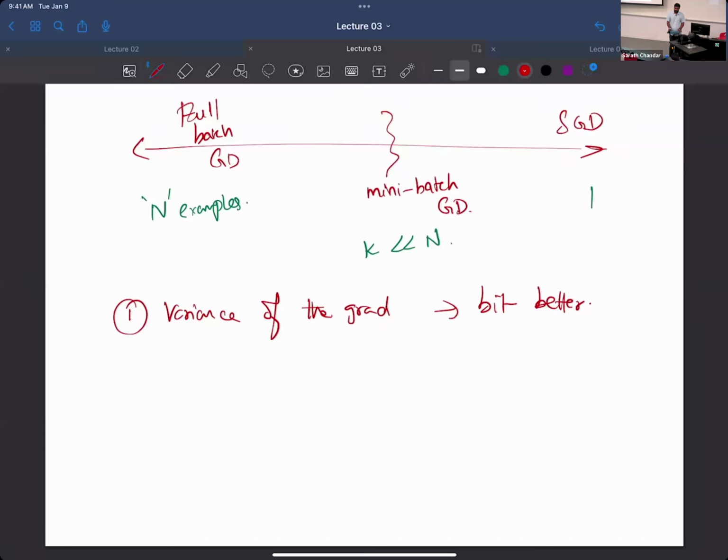Okay. So batching is just a way to aggregate things and take less noisy steps. Is that clear? Variance reduction is one useful nature of mini batch gradient descent, but the more practical application of mini batch gradient descent is that it is simply GPU and TPU friendly.